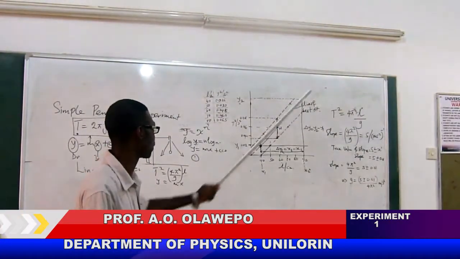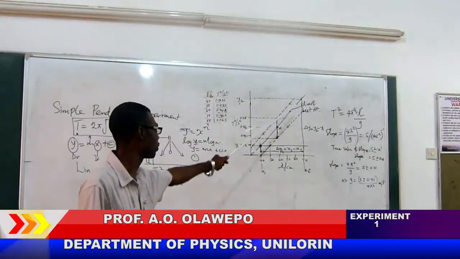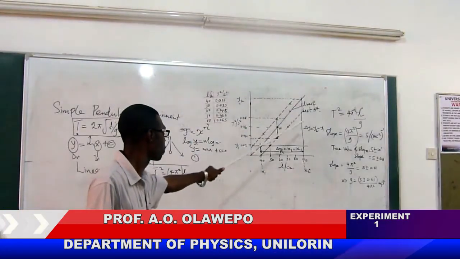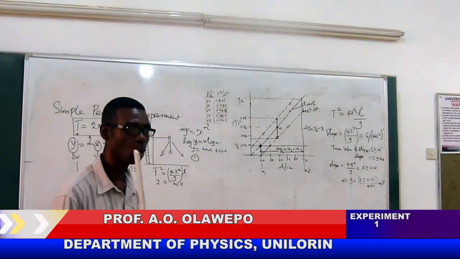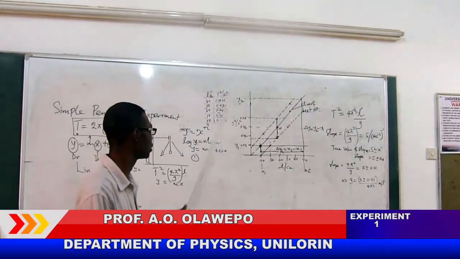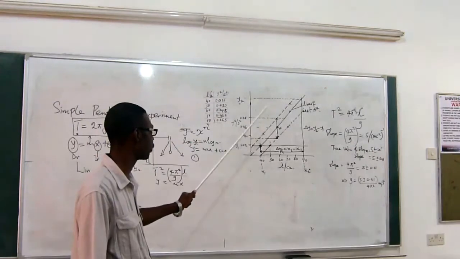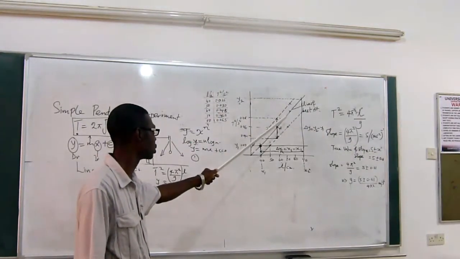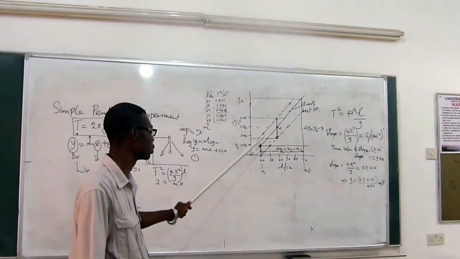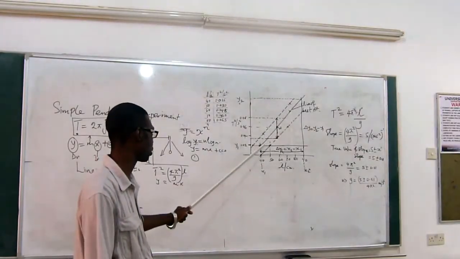So this is your graph, and from there you can find your slope. Your slope must be located in such a way that it covers a greater part of the graph and not necessarily on the points on the graph, so that you don't repeat your error.